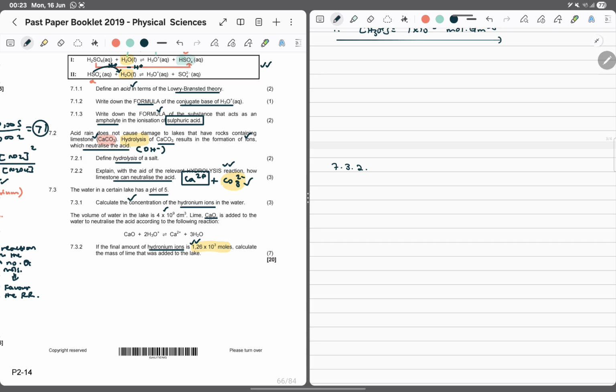Right. As you can see, calcium oxide is a weak base reacted with a strong acid. This is the strongest acid you can ever find, the H3O plus ion. Right, so we know that once we react those two, we form a basic salt, a basic salt which is going to be weaker than the acid.